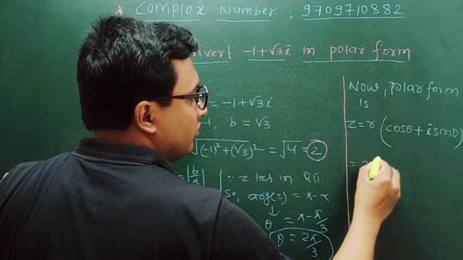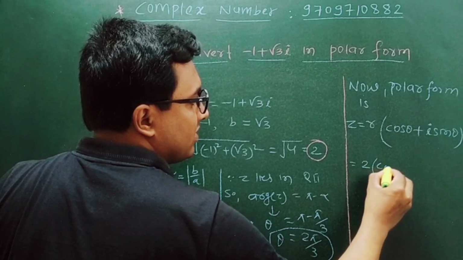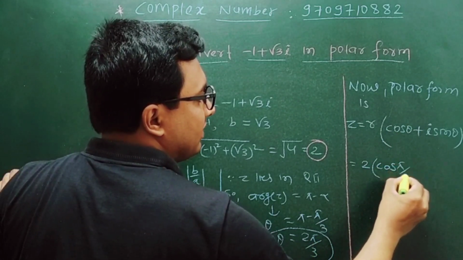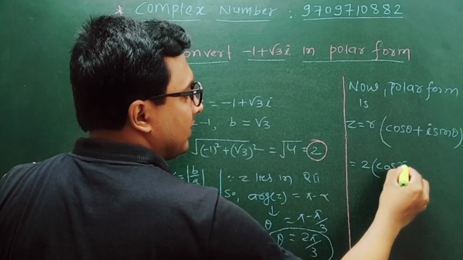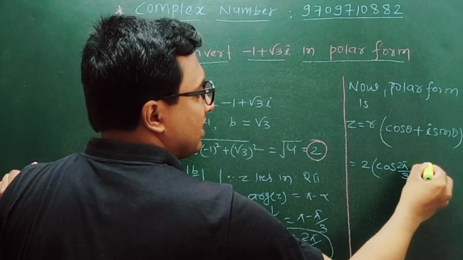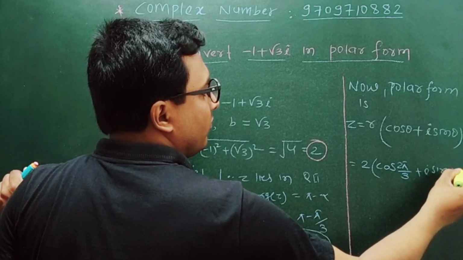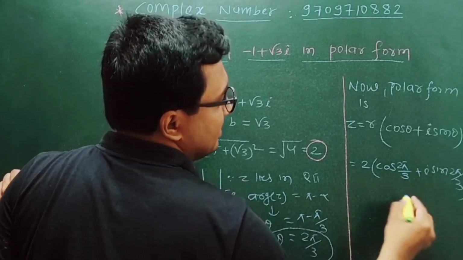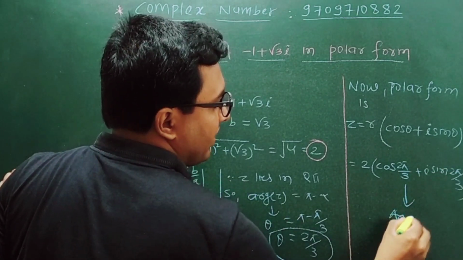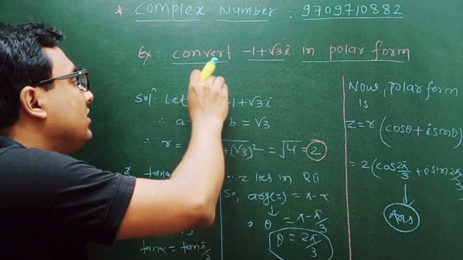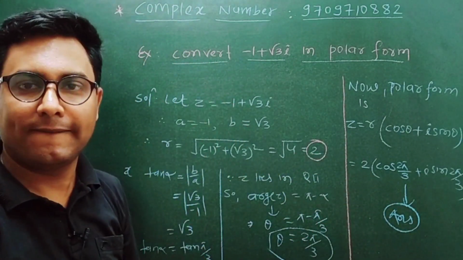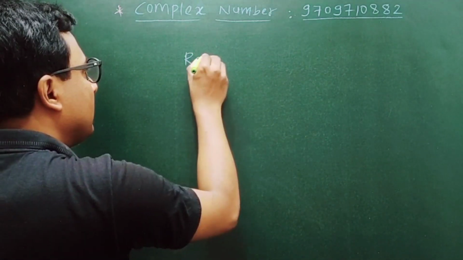That means 2 into cos 2 pi by 3 plus iota sin 2 pi by 3. This is our final answer. This is the required polar form of this complex number, right?